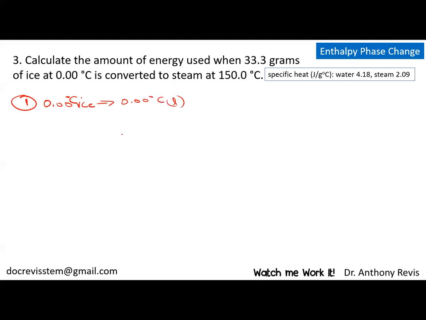Okay, so let's do that one. And to do that, we need to say that Q equals mass times the heat of fusion, delta H fusion, which I should have written for you on this. And we just looked that up on a table. We have the mass at 33.3 grams.